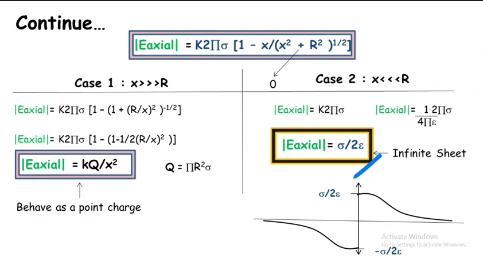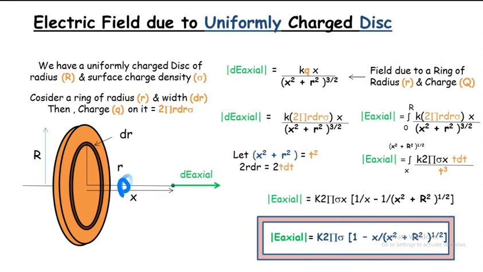This is the case when x is smaller than r. We can treat the disk as an infinite sheet in this case, as we are very close to the disk. When we are very close to the disk, we treat it as an infinite sheet, and the electric field is given by sigma by 2 epsilon naught.